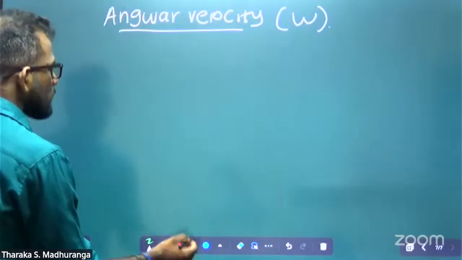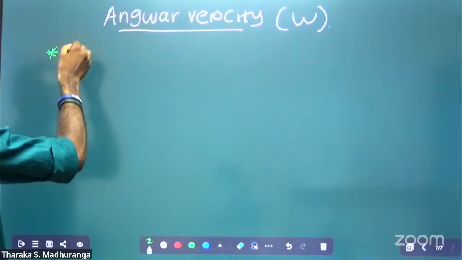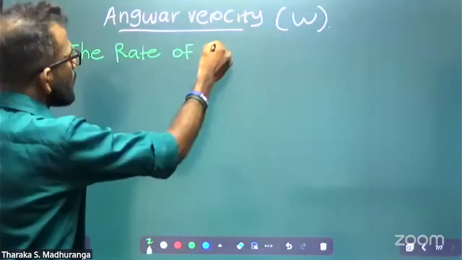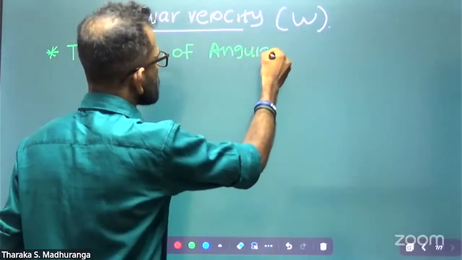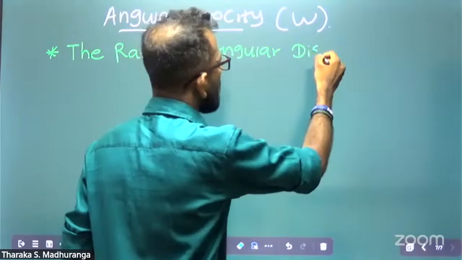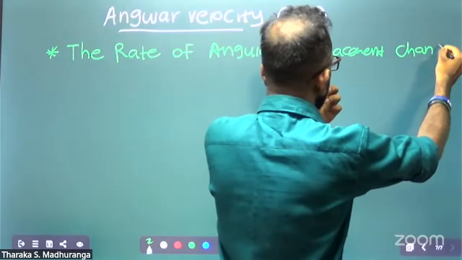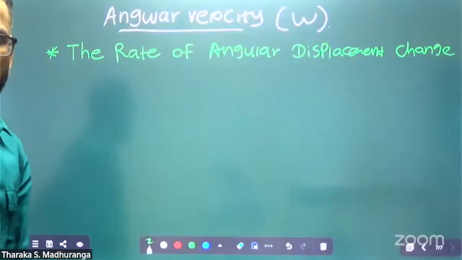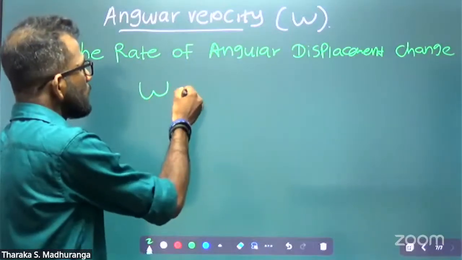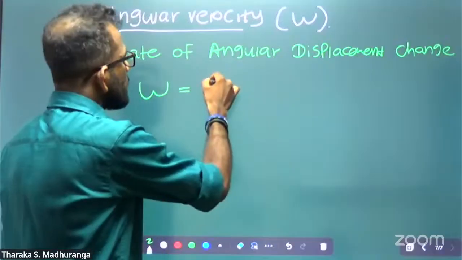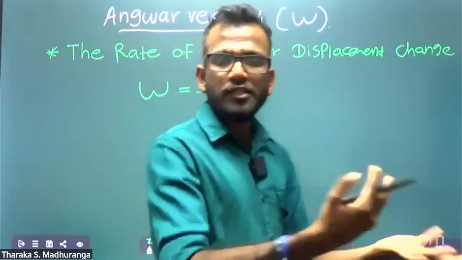The rate of angular displacement change we call the angular velocity. It is very simple. Angular velocity omega equals angular displacement theta divided by time. The angular displacement change within unit time.